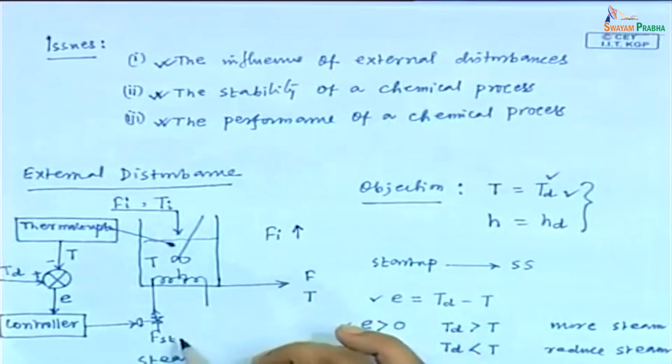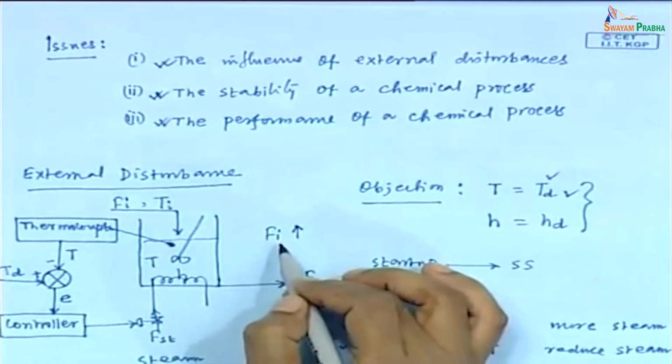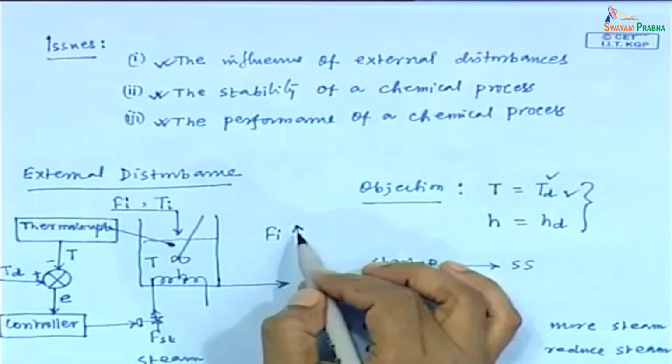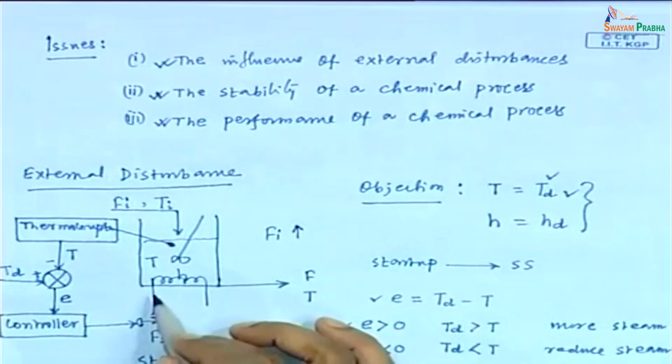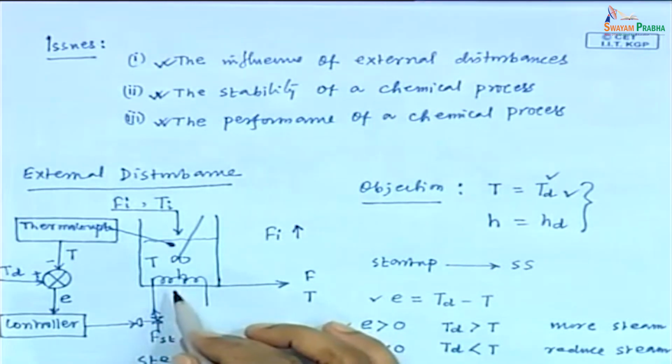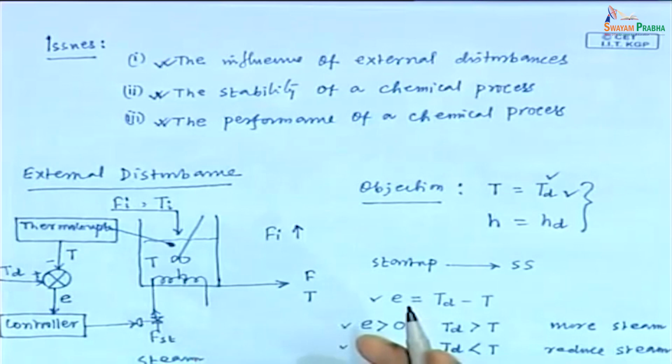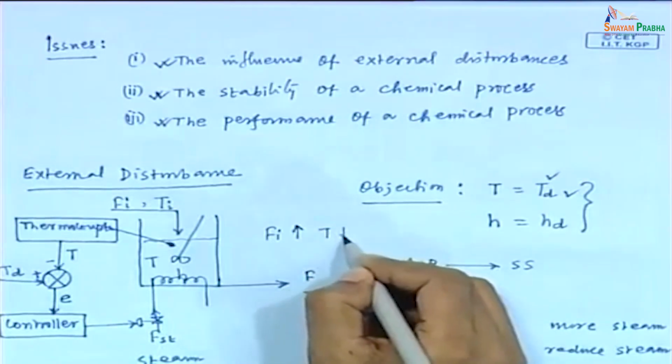Now, there is no change of the inlet steam flow rate, only change is in Fi. If Fi increases and Fst remains the same, then what happens? Temperature increases or decreases? Temperature decreases.